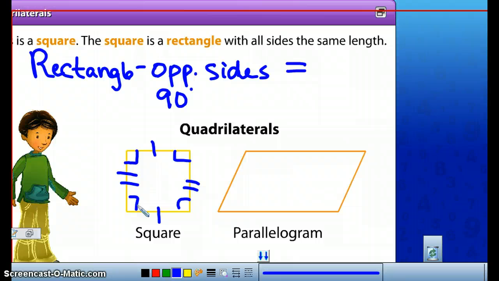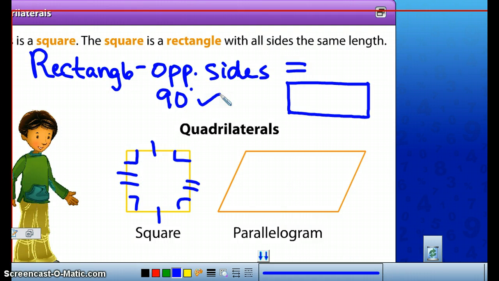The square is a rectangle with all sides the same length. Here's a question for you. Is a rectangle a square? No. Why, Lawson? Yes, a square has to have 90-degree angles. Hey, a rectangle has that.